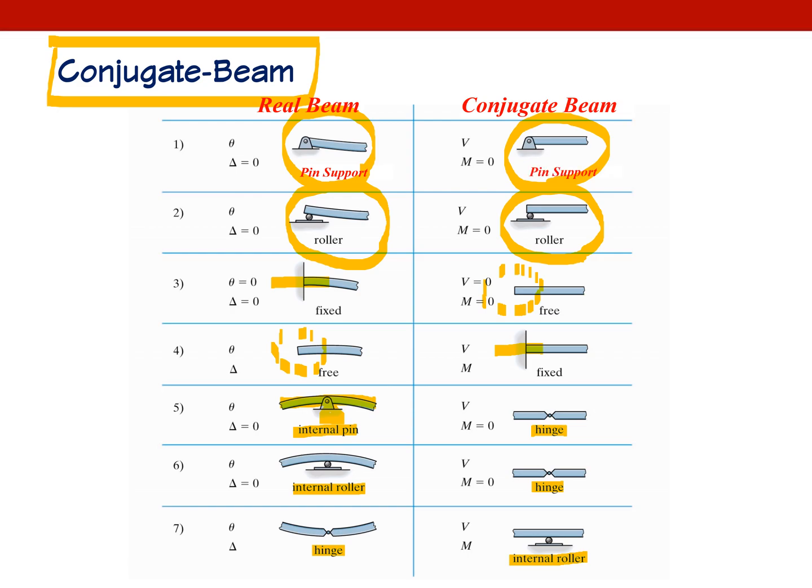Pin support, no change; roller support, no change; fixed support to free end; and free end will be replaced by fixed support.